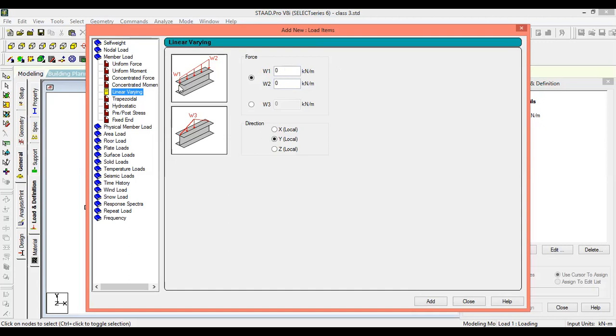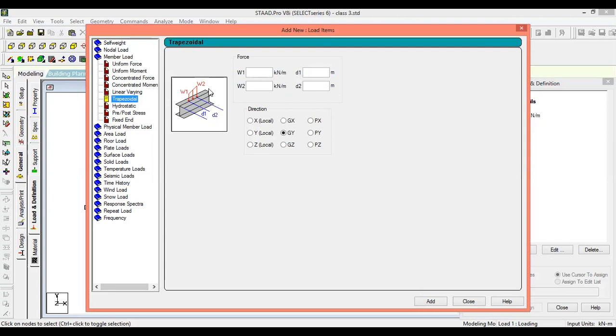Only thing, you can start at the first end and you can stop at the second node, but in between you cannot change the maximum. Even here also you have only option for the maximum which is at the center of the beam, right? So therefore you cannot consider this linearly varying. Let us go to trapezoidal.